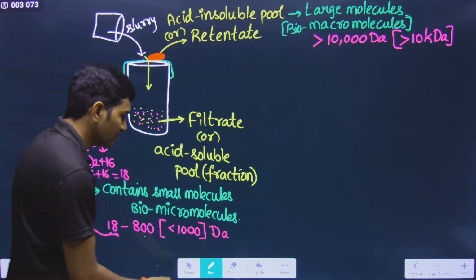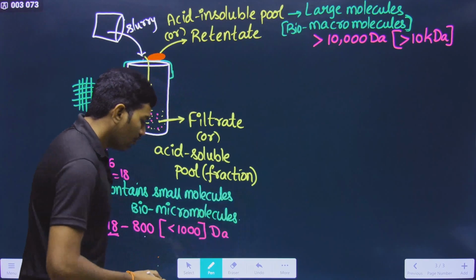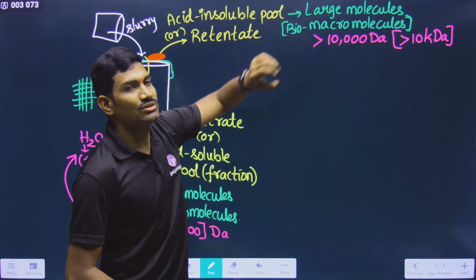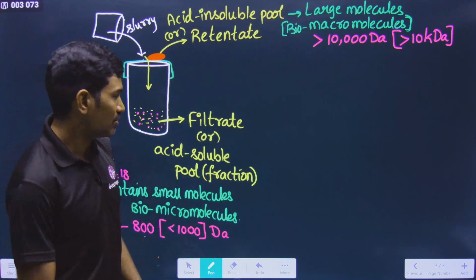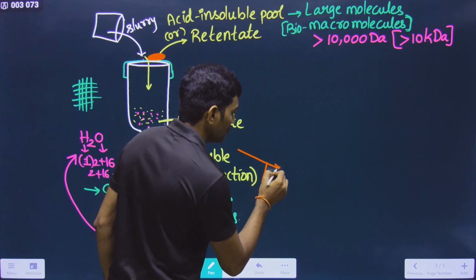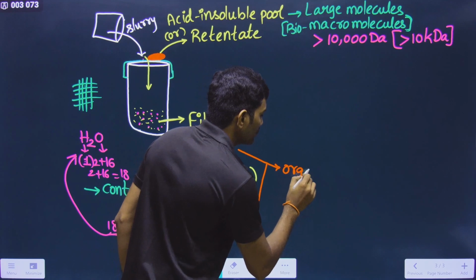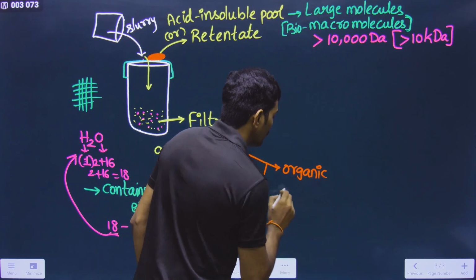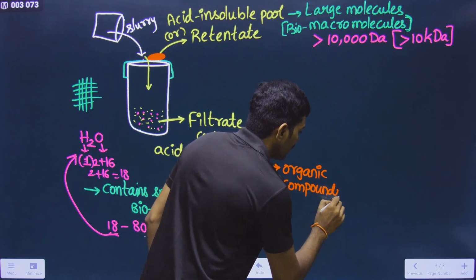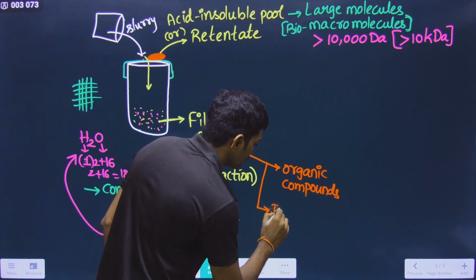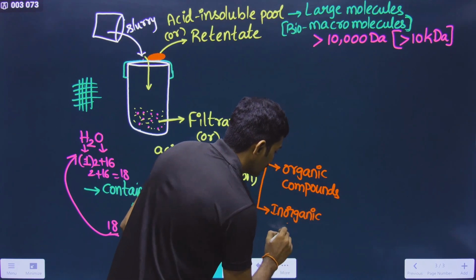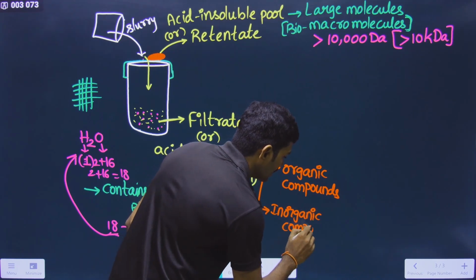The next information we need to observe is what type of compounds are present in the filtrate and what type are present in the retentate. This is also an important point. The filtrate has both organic compounds and inorganic compounds.